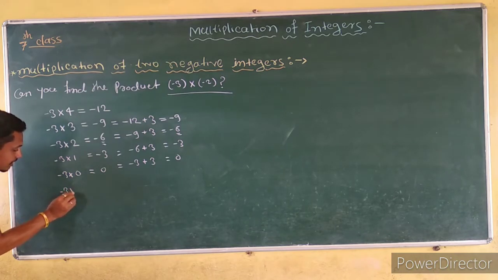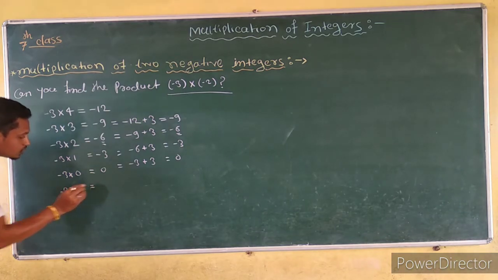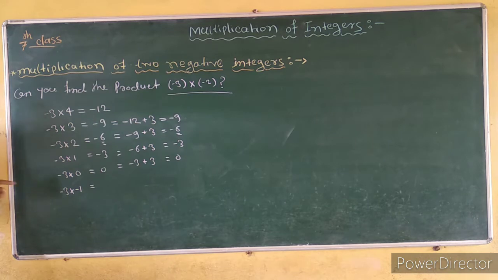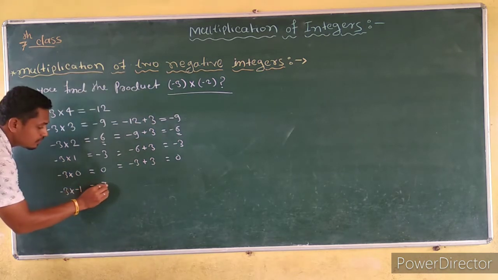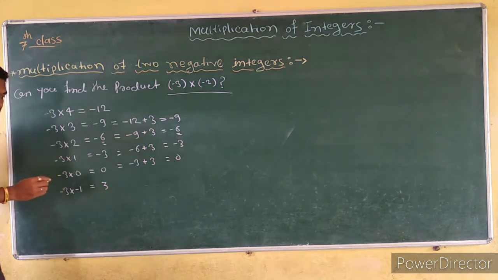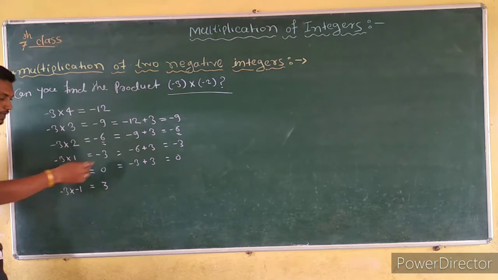So minus 3 into minus 1 is equal to 3 ones are 3. Is the minus sign there or not? Let's check.